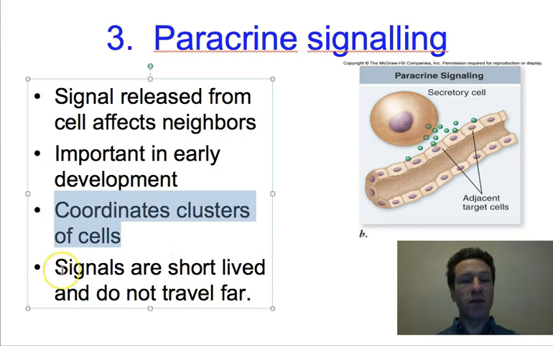A corollary of this is that the signal cannot last very long, because if the signals persisted for a long period of time, then by diffusion, they could diffuse further and further away until they would be received by cells that were not nearby or neighboring cells. So these signals must be short-lived. That means that these ligands are going to stop functioning fairly soon after they are released into the extracellular environment.